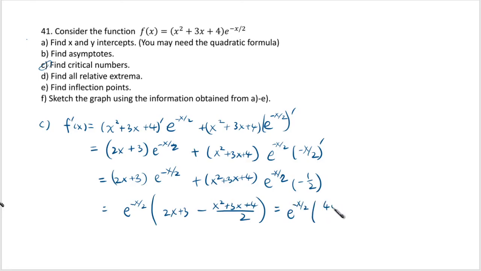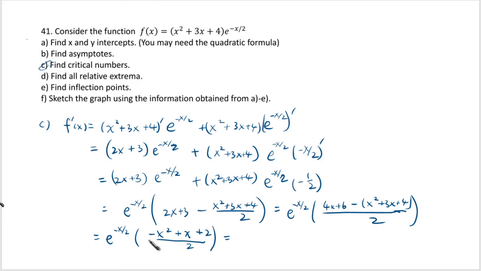So that's going to be 4x plus 6, and then minus (x squared plus 3x plus 4) all over 2, because now I have a common denominator. And then finally that's going to give me e to the negative x over 2, negative x squared, 4x minus 3x, that'll be just positive x, and then 6 minus 4 will be plus 2, over 2.